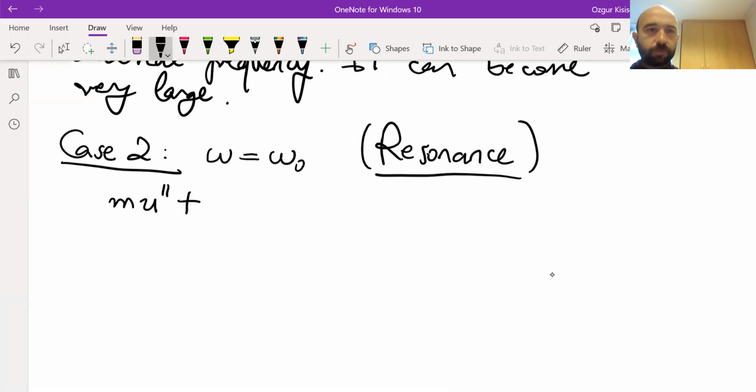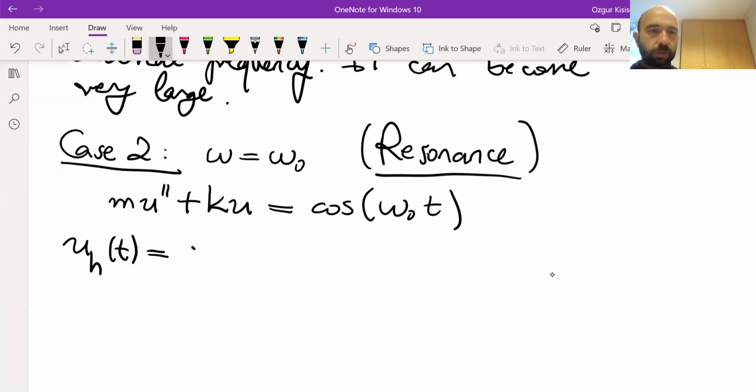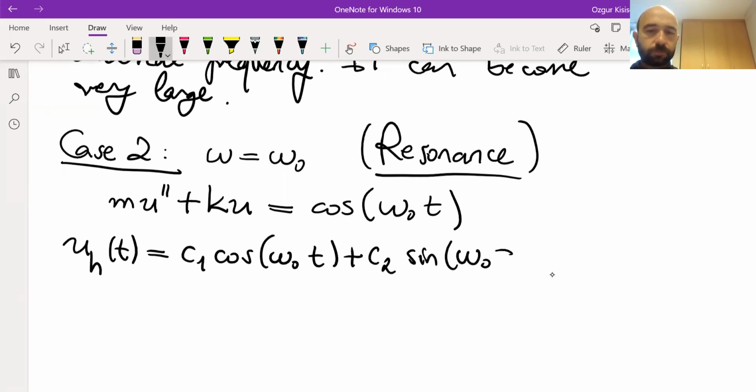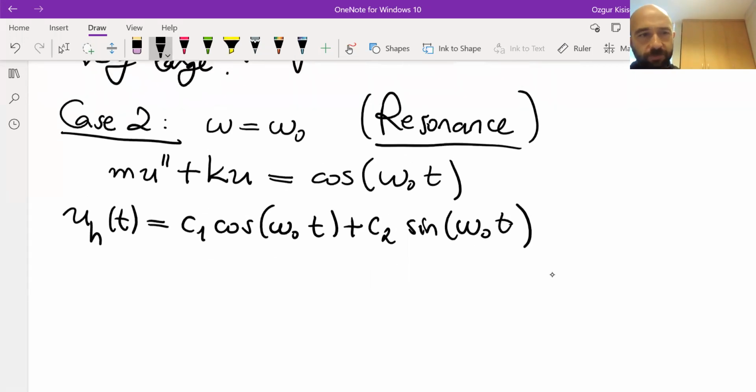m u double prime plus k u equals cosine omega 0 t now, and your homogeneous solution is still the same, nothing changed here. Now, what your guess for u_p should be has to change because you have a repeated root, right? You have omega 0 here, omega 0 here. If you just try a times cosine omega 0 t plus b times sine omega 0 t, you will not get anything.